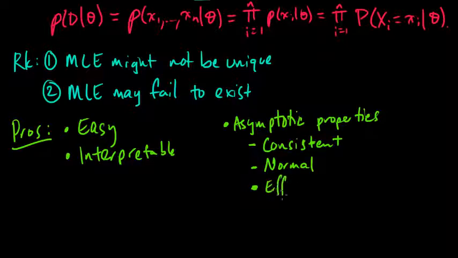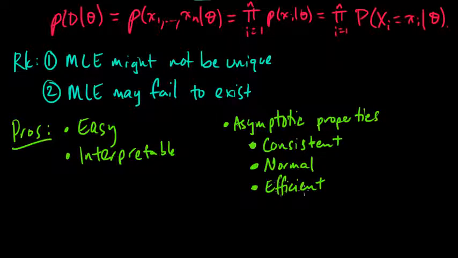And it is efficient in the sense that it's statistically efficient, asymptotically. Without making it formal, this just means that in some sense it is the best possible estimate of the true theta, in the sense that it has the lowest asymptotic variance.